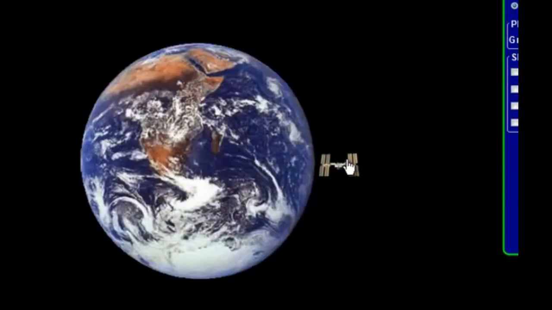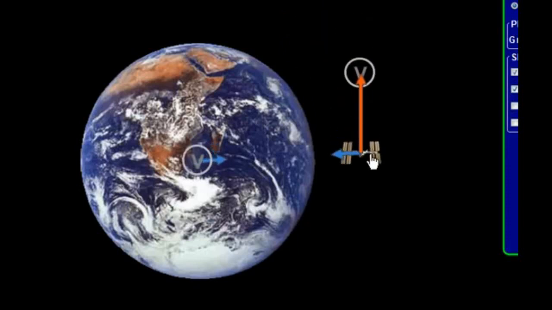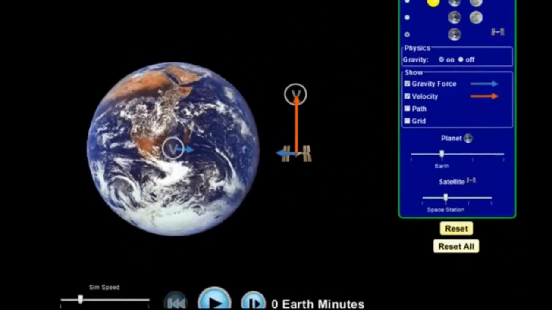I'm going to reset it. As we get closer, that force arrow gets greater. And the satellite moves around the Earth in a circular fashion. And you can see, look at the velocity. The velocity is going to be tangent to the curve in this centripetal orbit.